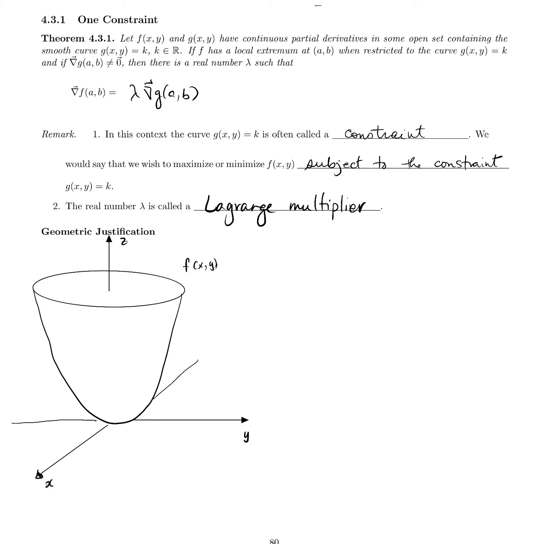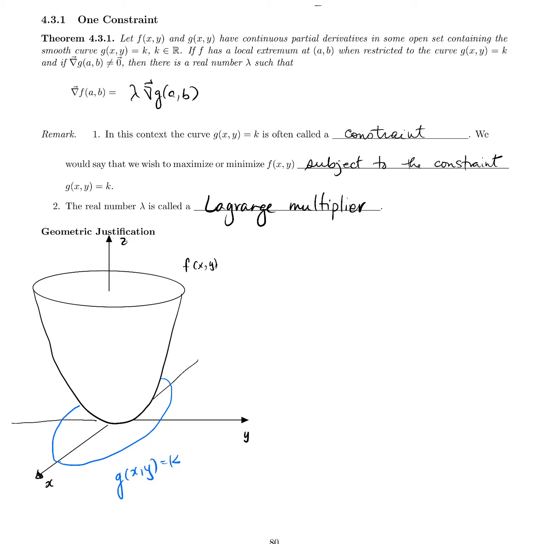If we take another function g(x,y) and set it equal to k, then we get what we could interpret as a level curve of g(x,y), which is a curve down in the xy plane. So let's imagine that we had one here, something like this. This is our curve g(x,y) = k.